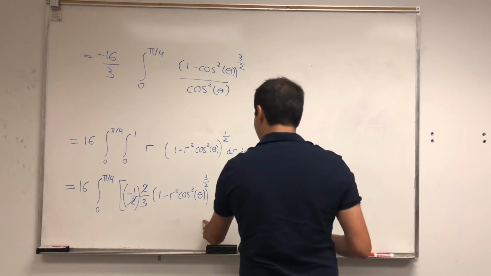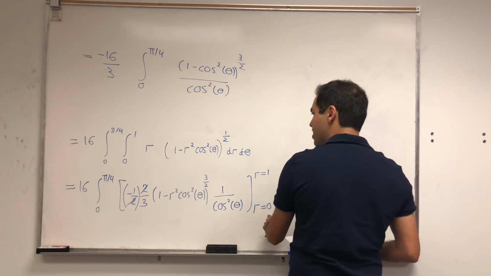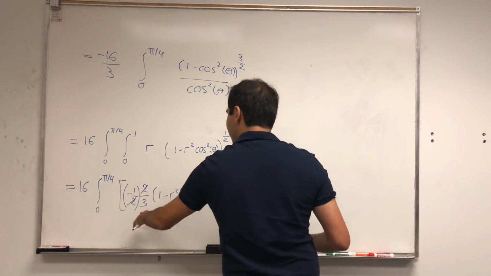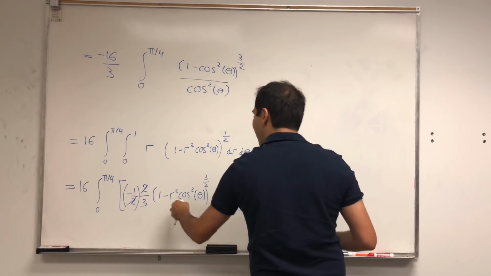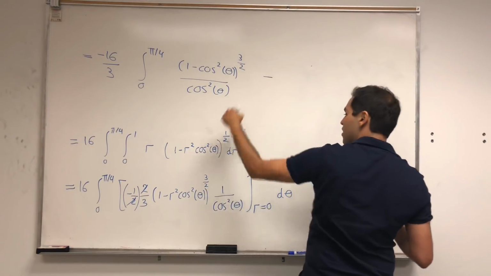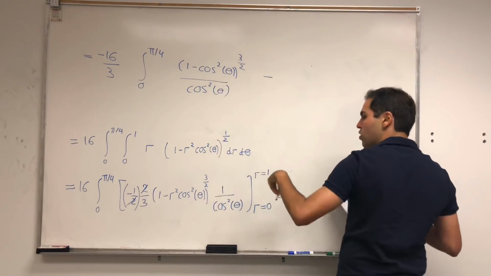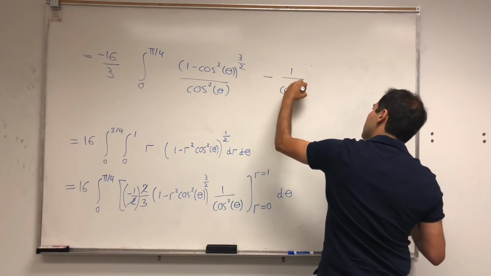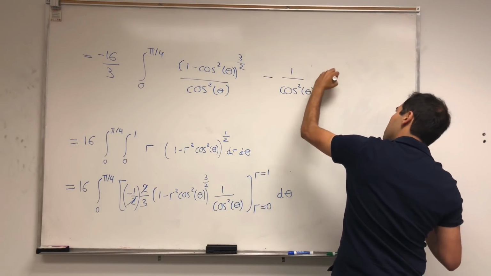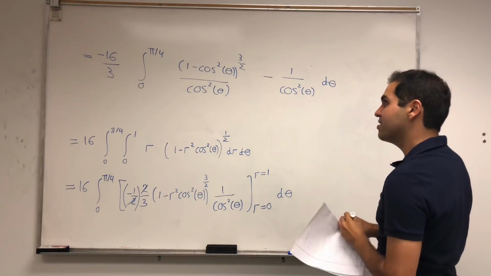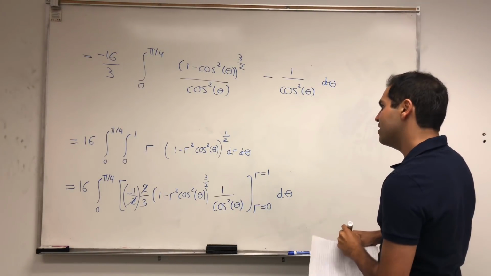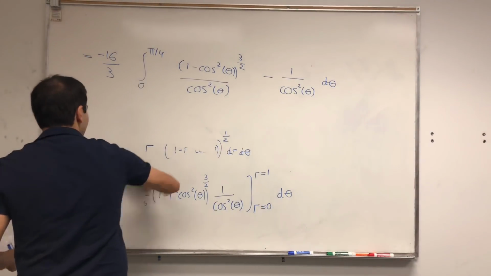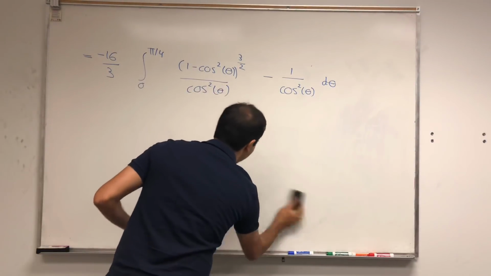And you plug this in at r equals 0, so you get, I guess I pulled the -1/2 out, so you get a minus 1 minus 0 squared cosine squared, so 1. So 1 over cosine squared theta d theta. Let me just double check. So this, yeah.